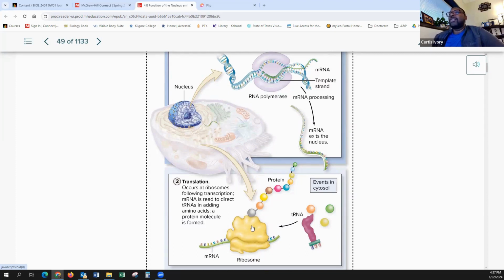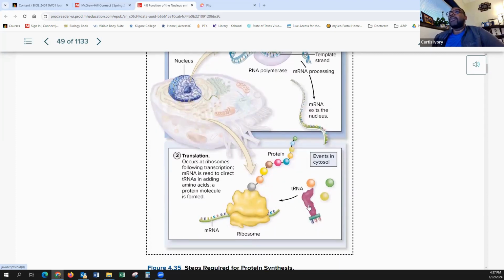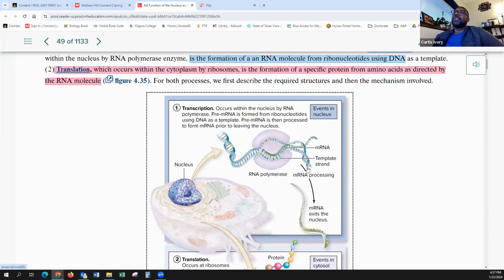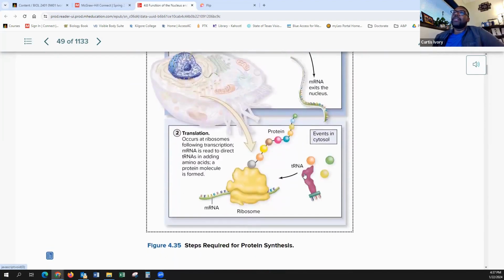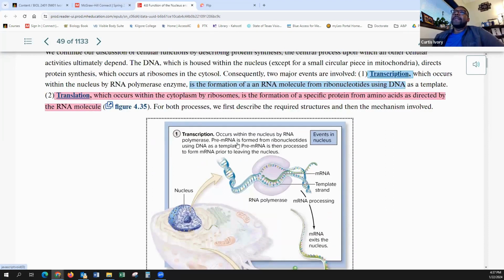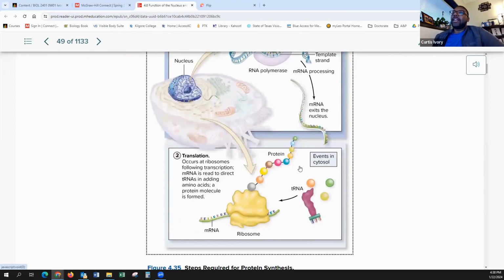Then it's going to go to the ribosome, where the ribosome is going to make a protein. So that is what actually happens in transcription and translation. In transcription, we're just transcribing it into RNA because DNA never leaves the nucleus. And in translation, we're actually making a protein from it.